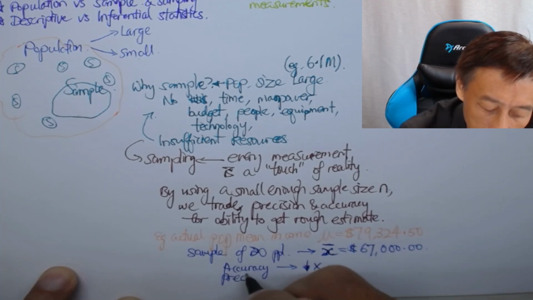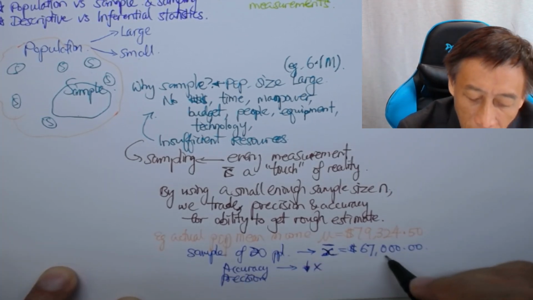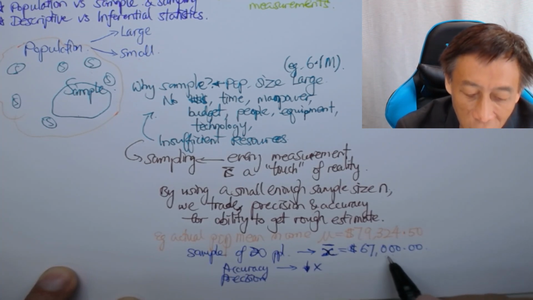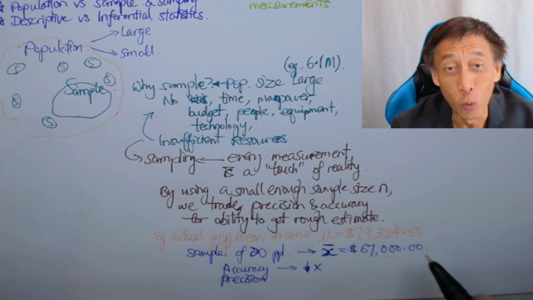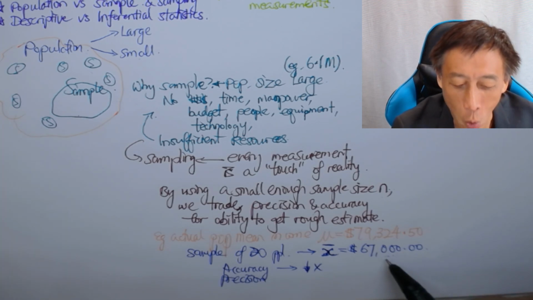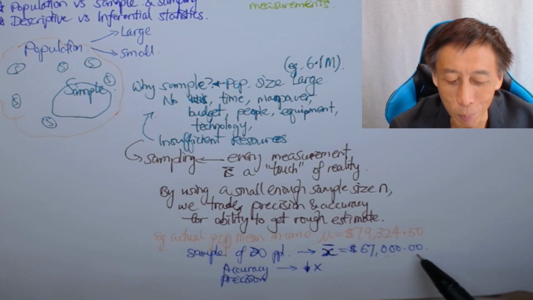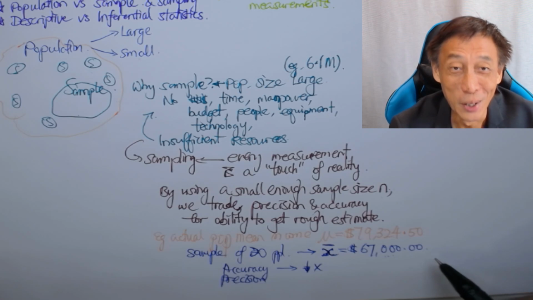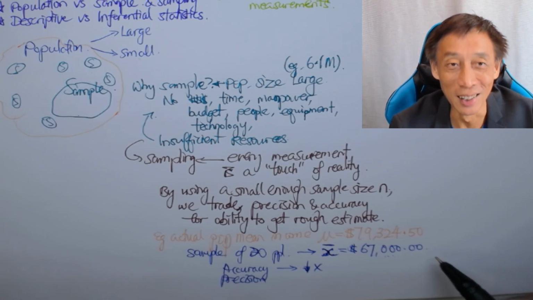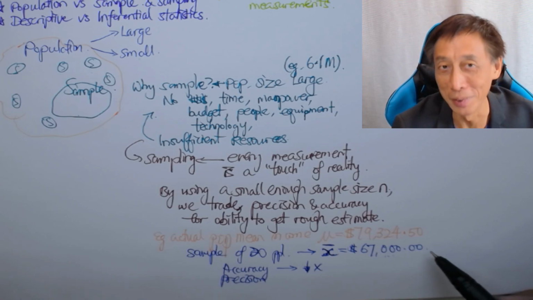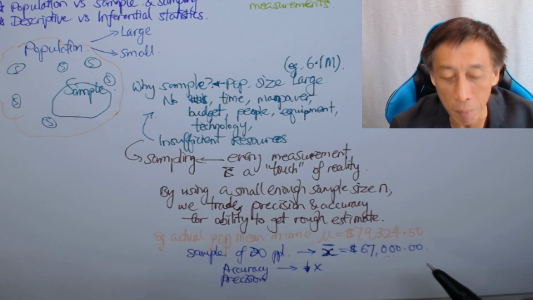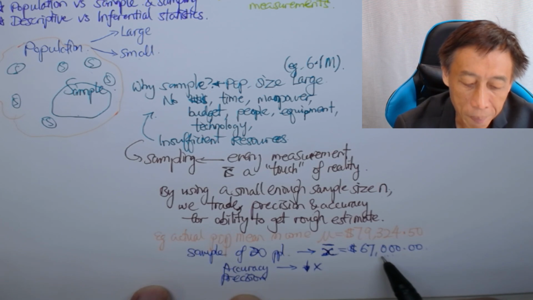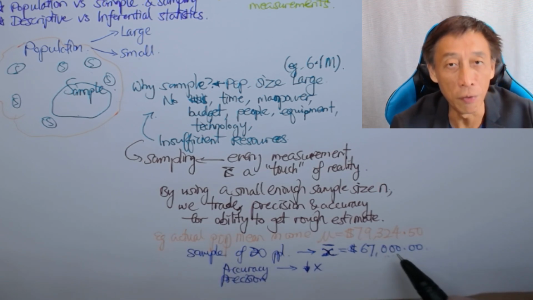Precision means the number of decimal places or digits or significant figures that are truthful. So I can put down some noise, 67113.45. But they are noise. They might jolly well be 000, right? They are not meaningful, so they are not carrying information. So precision is that sense of quality.